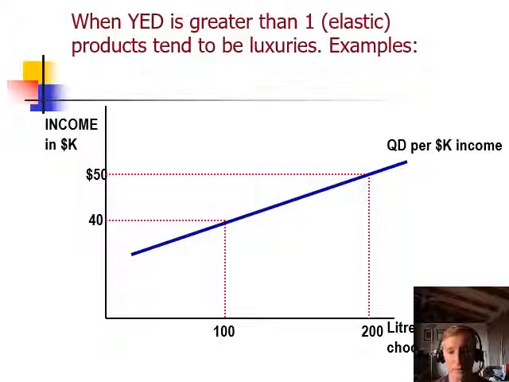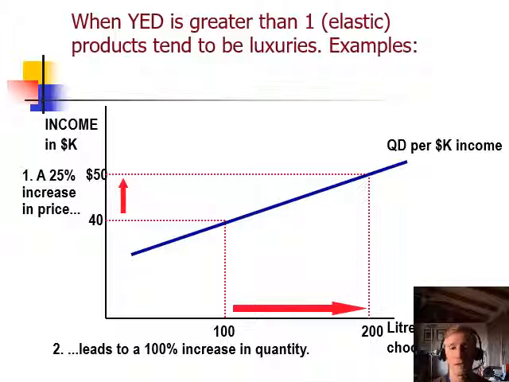That's more of a luxury item, and you could as much as double your consumption of chocolate milk, or you might say ice cream or some other luxury that a family can now start affording because there's been a 25% increase in income, and that extra disposable income for consumers can now be put towards buying luxuries.